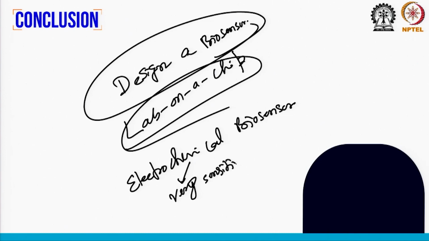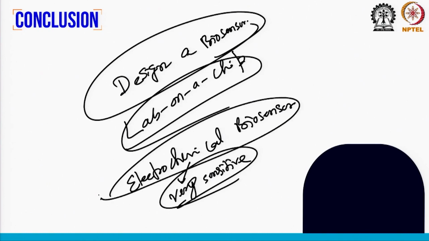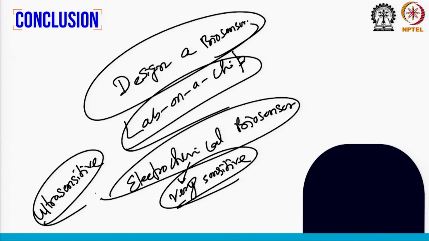I think I told you at the very beginning, they are very sensitive, right. As they are very sensitive, you have to consider that other reactions, like the chemicals you are using, should keep the background current low. That is why you have to think very critically, otherwise you may not get an ultra sensitive sensor. Electrochemical sensors are really ultra sensitive, but you have to design properly.